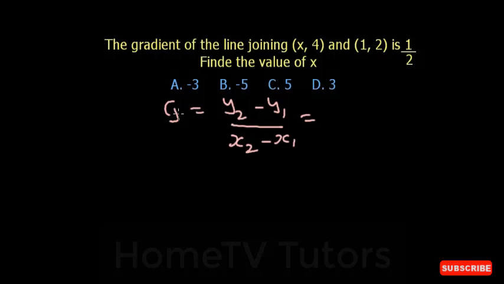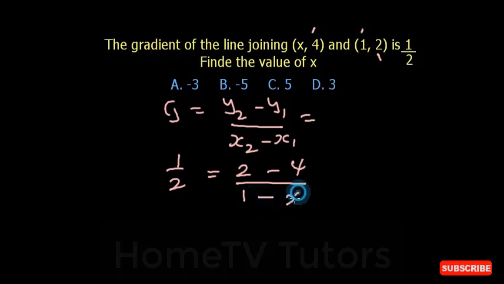The gradient is 1 over 2 as given. Then y2 is 2 minus y1, which is 4, divided by x2, which is 1, minus x1, which is x.